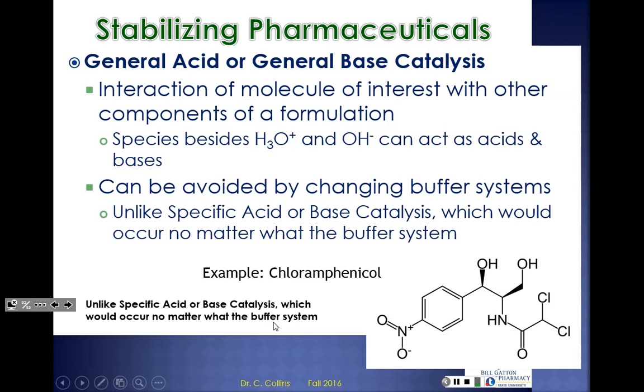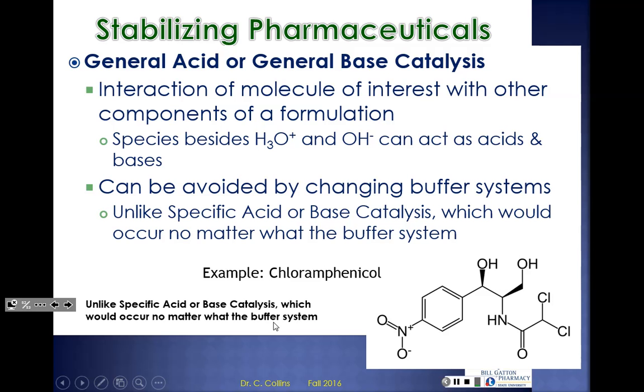So there's an interaction with the components of the buffer that might be present, or the excipients that are causing it to be an acid or a basic environment. So if it's general acid or general base, it's the drug interacting with those components creating that situation.